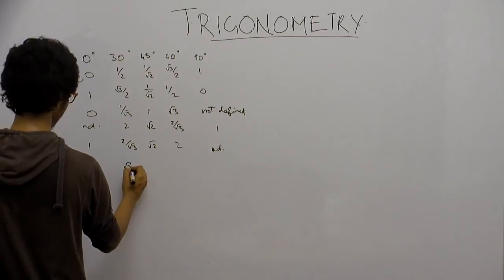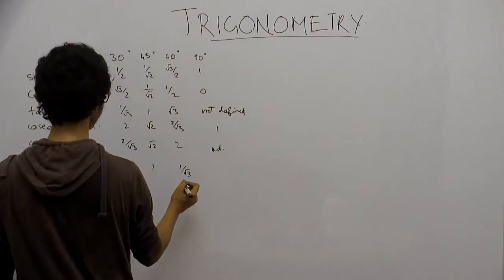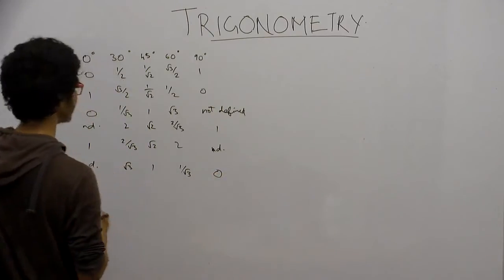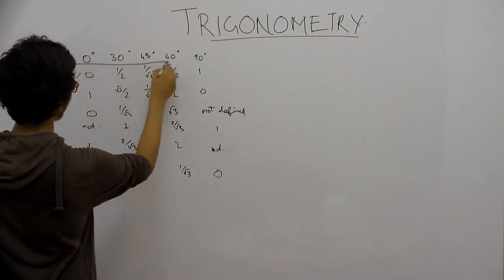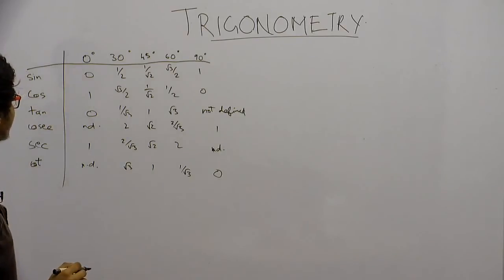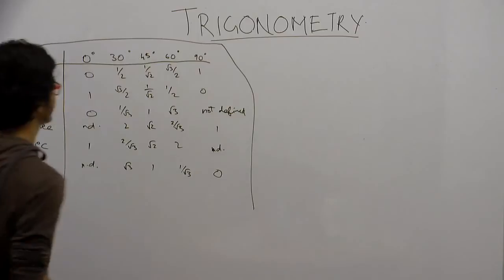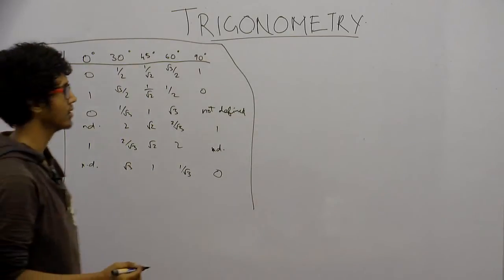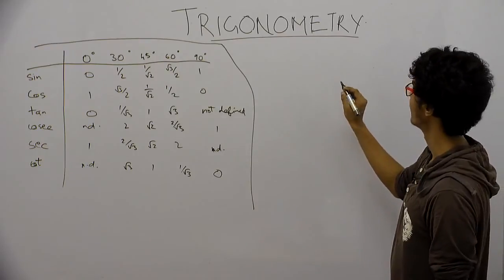This will be root 3, 1 by root 3, and cot 90, just as we saw, is 0. We have this table, and it is very important that you memorize this as soon as possible. Now let's do some examples. Okay, so let's try one example.